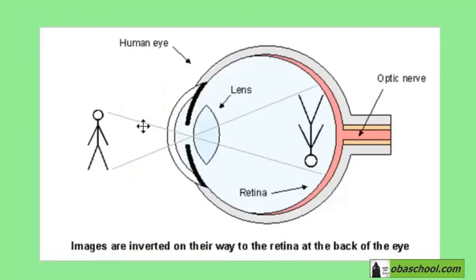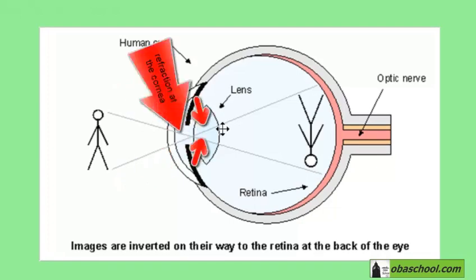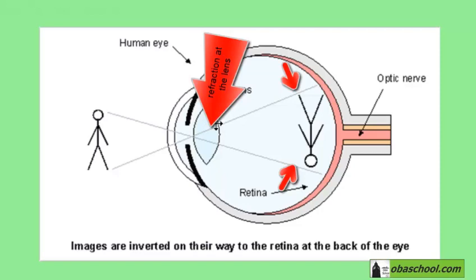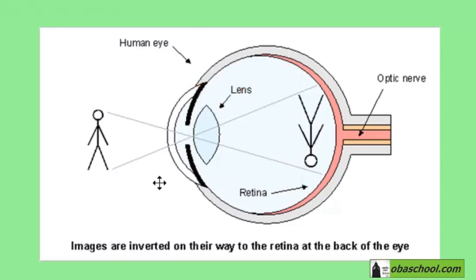We have refraction of light at the cornea and at the lens, and this refraction is causing the image to be inverted once it reaches the retina. So again, light is going to be refracted by the cornea and the lens. This refraction allows the light to reach the retina, but once it reaches the retina, it is inverted, and that is an effect of the refraction through the lens.